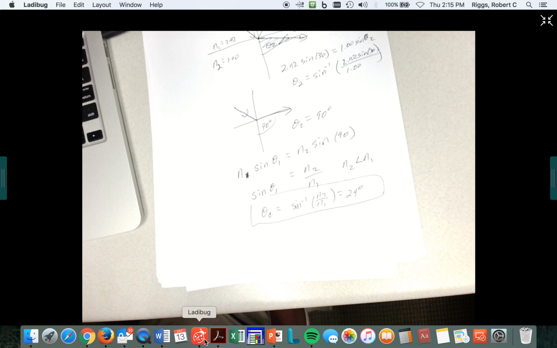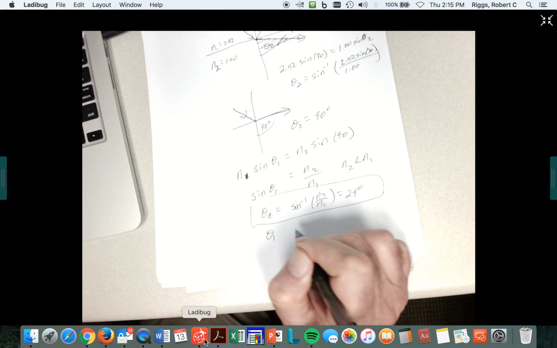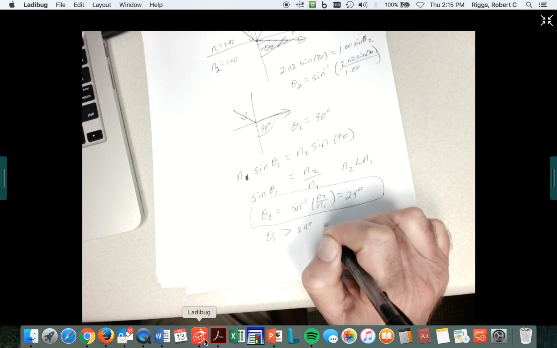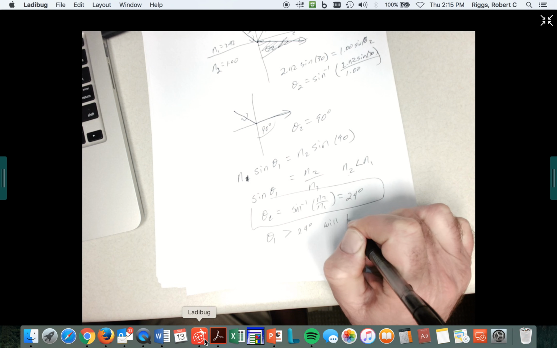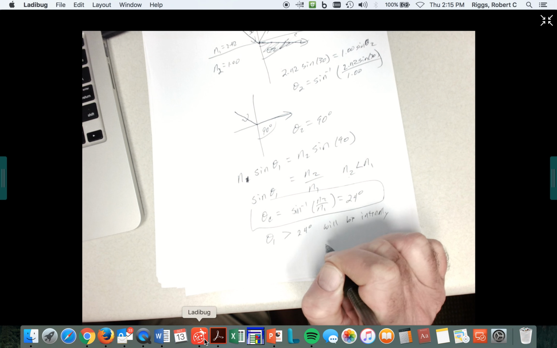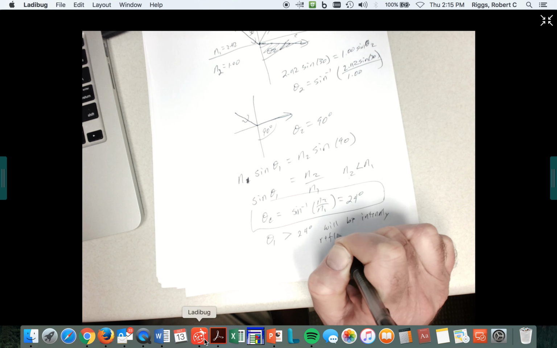So any theta 1 leaving the diamond greater than 24 degrees will be internally reflected. And we'll finish this up in the next one.